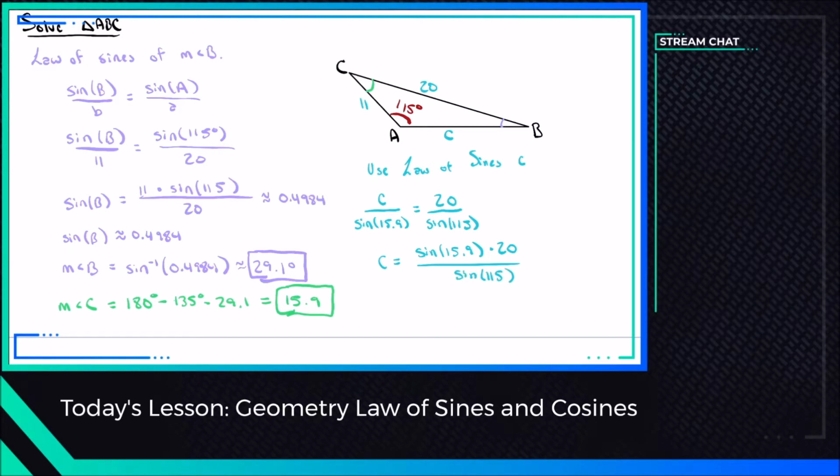So if we plug that into our calculator, the sine of 15.9 multiplied by 20 divided by the sine of 115, make sure we are in degrees, not radians, that is equal to 6.04, which doesn't make a bunch of sense. I think I have an error somewhere.